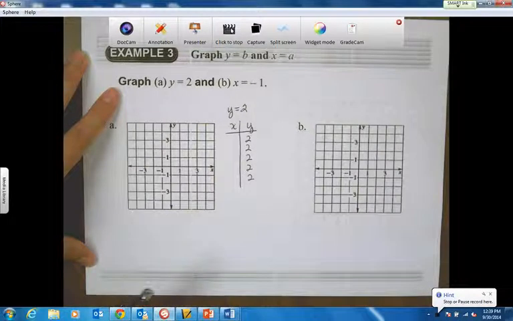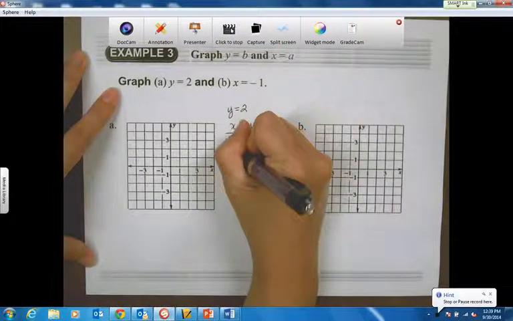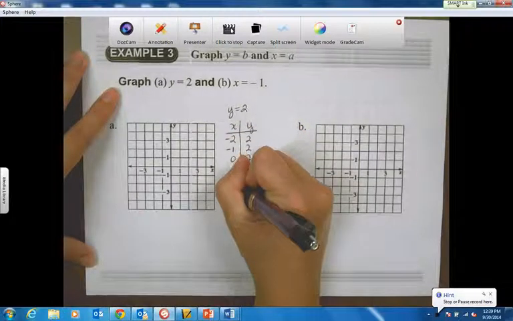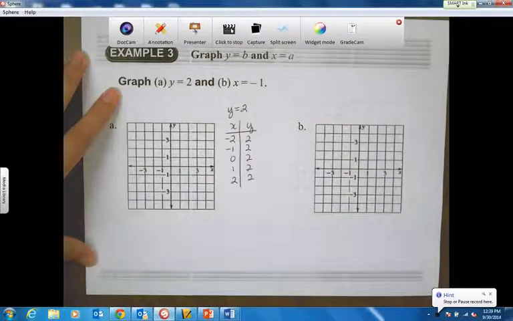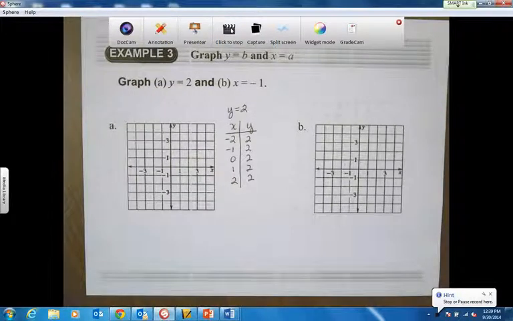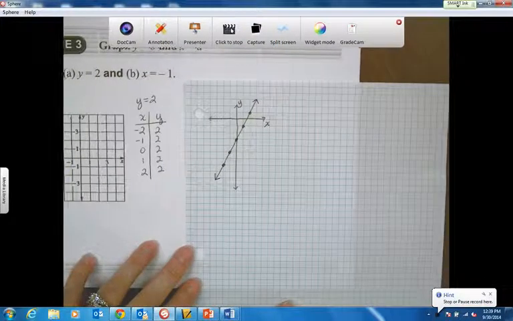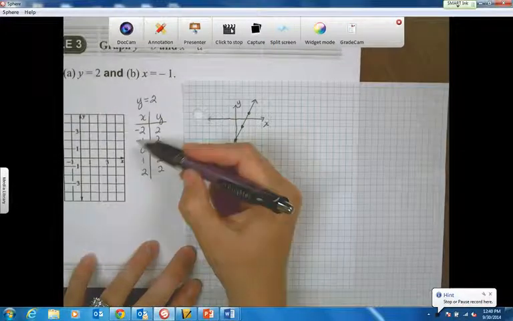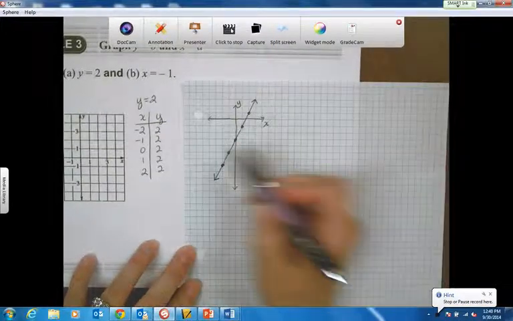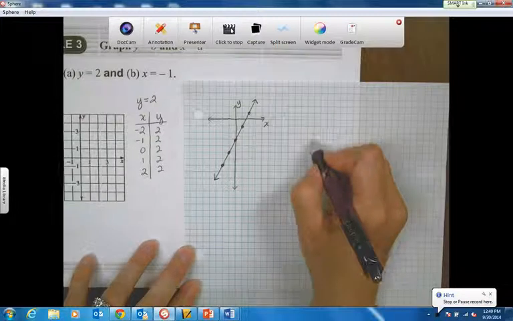So I can still put those in, but y is 2. And so now we start to graph that. And again, I'm going to go to regular graph paper because I'm going to try to break you of making those boxes. All right, so if I go over to my graph paper, I'm going to mentally think, okay, I need -2 through 2 on my x, which is this way, and then I only have to go up to 2. Okay, so I'm going to make a line this way, line this way, and then I'm going to start graphing.